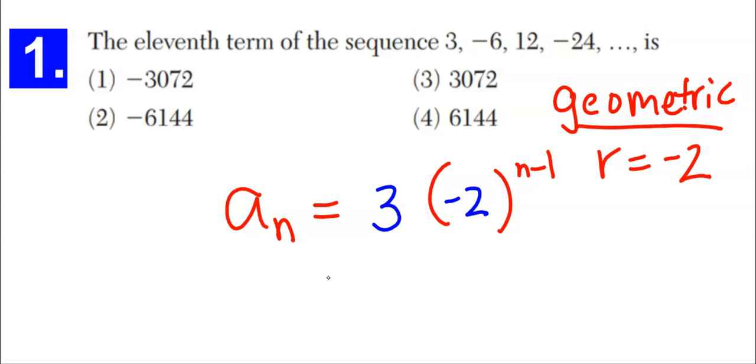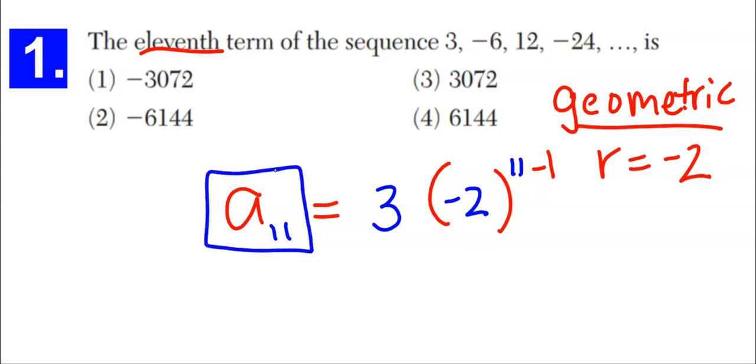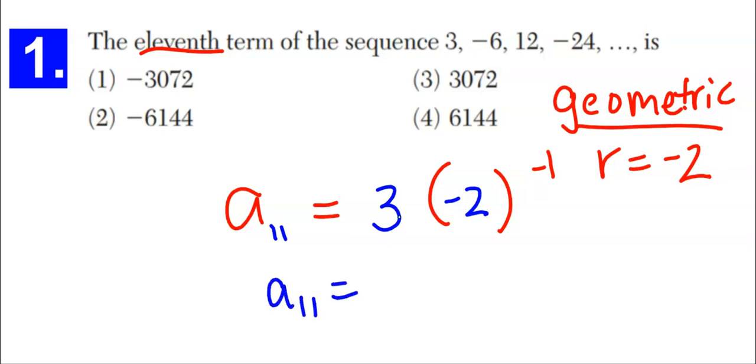Now it tells us that we want to find the 11th term in the sequence, so that is going to erase and replace the letter n. Remember, this over here is just the narrator. It's not any part of the math that we need to solve. So the answer in the 11th position is equal to 3 times the quantity -2 raised to the 11th minus 1 power.